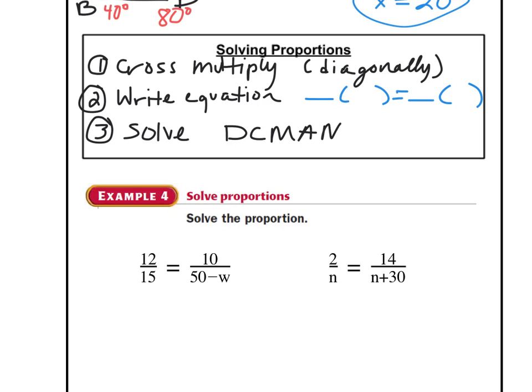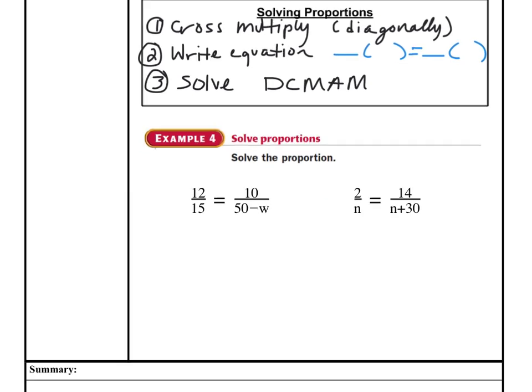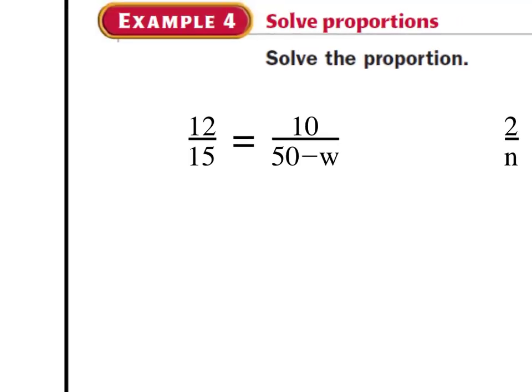We are going to do one together. You're going to do the last one on your own. Great. We start by multiplying across or diagonally, cross multiply. So we're doing 12 times (50 minus w).